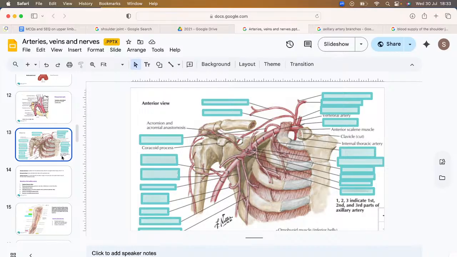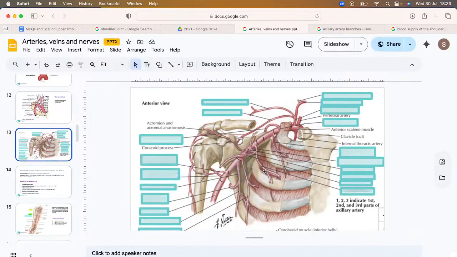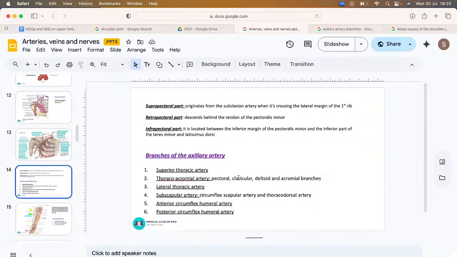This is the thoracoacromial artery, which has 4 branches. So make sure that all the branches are there. So you can see the branches here, going to the acromion, going to the pectoral muscles, the clavicle, and the deltoid. Okay, so all those branches need to be shown and annotated.